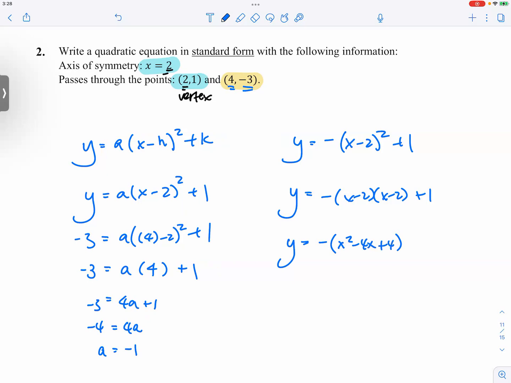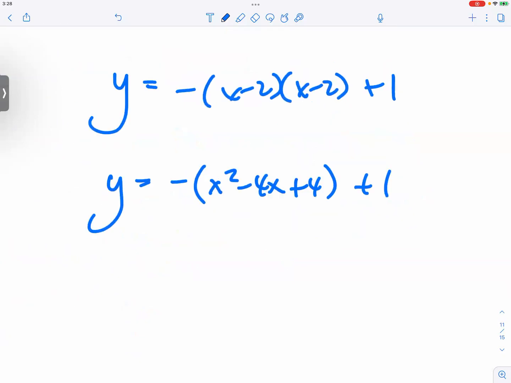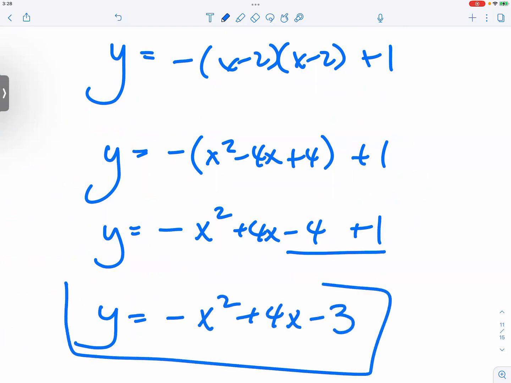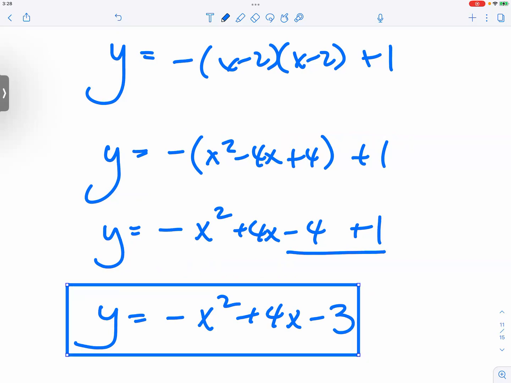Make sure you still use parentheses, because there's a minus sitting on the outside, so you have to take care of it properly. Then you multiply in the minus, and you can combine like terms right here. And that is your standard form.